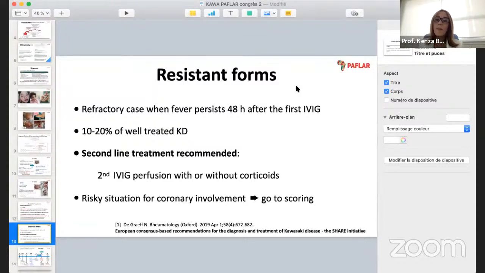Elles représentent 10 à 20% de l'ensemble des patients traités pour maladie de Kawasaki. Elles vont être traitées par un traitement de seconde ligne qui repose sur une deuxième perfusion d'immunoglobulines avec ou sans corticoïdes, à la discrétion du clinicien. Ce sont des formes très à risque de développer un anévrisme coronaire.